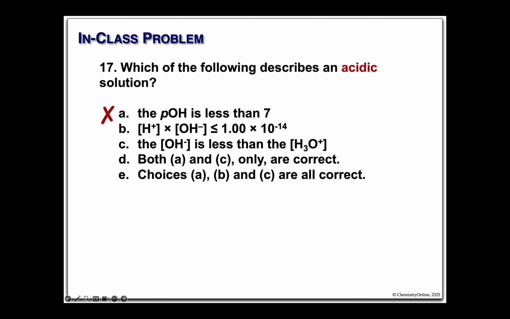Hydronium times hydroxide is less than or equal to 1 times 10 to the minus 14. In the previous problem, I stated this is always exactly equal to 10 to the minus 14. So that's one. OH is less than hydronium.